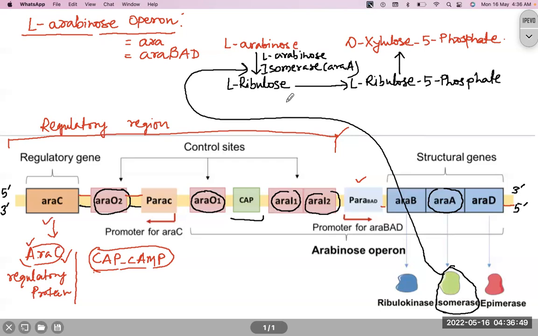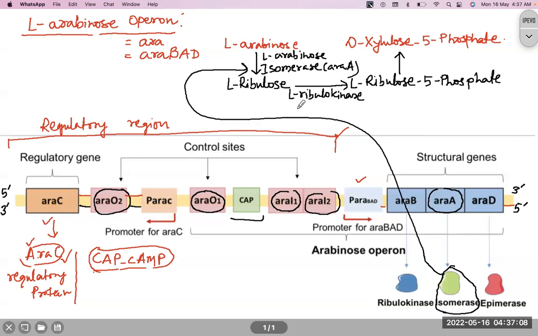So the kinase suffix will come. The enzyme's name is L-ribulokinase, ribulokinase.